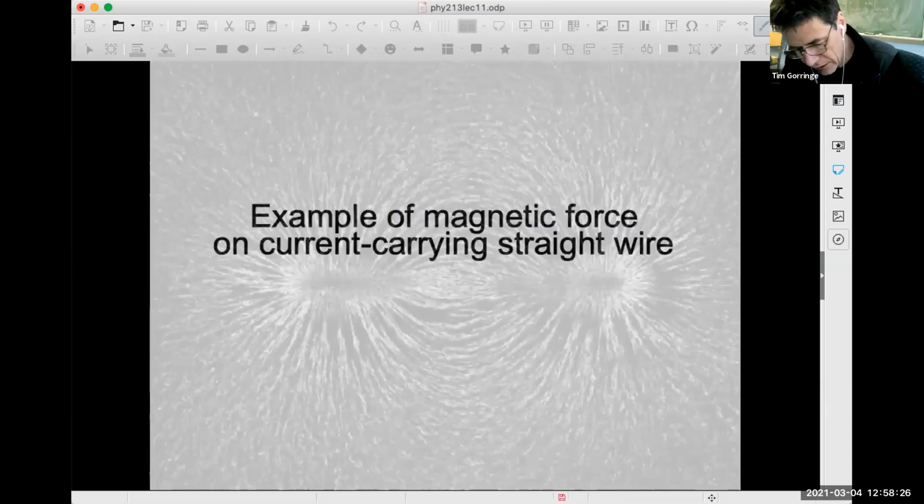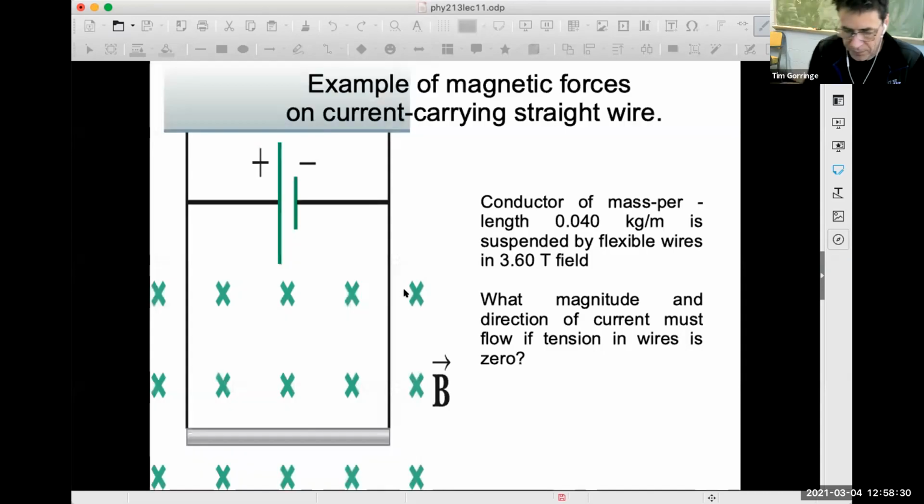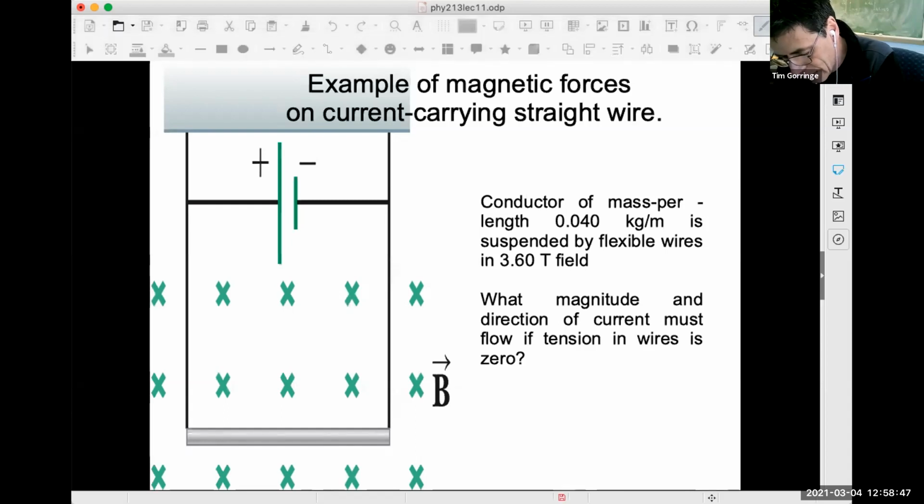Okay, let's look at an example problem involving a long straight wire in a uniform magnetic field. And so let's look at this problem here. I wrote out the problem on the right, and I've sketched the problem over there on the left-hand side.